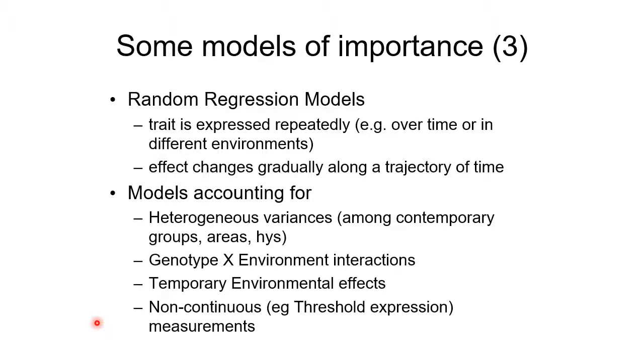Animals differ in terms of their ability to be able to calve irrespective of the environmental effects, or because of the environmental effects, but the expression is not a continuous expression. It's either a calf or not a calf. It's a binary expression. So that needs to be taken into consideration as well in some of the models.